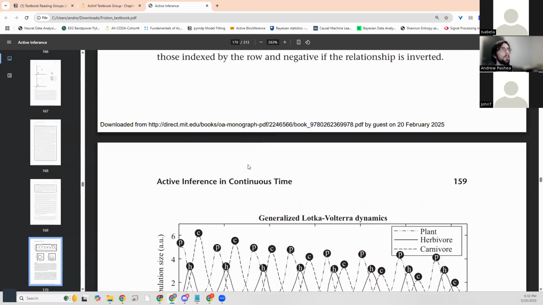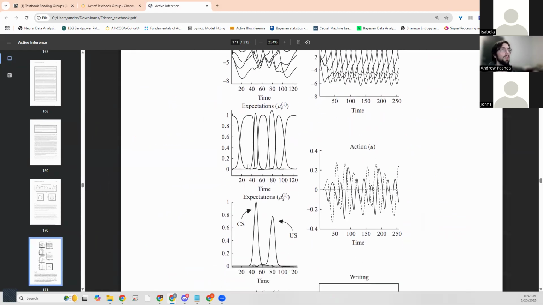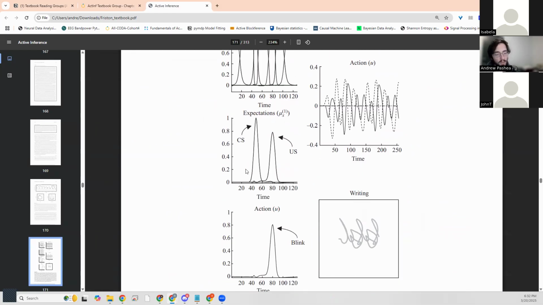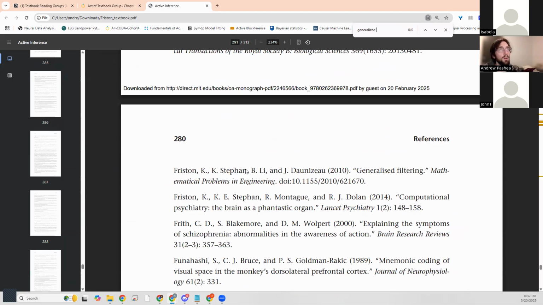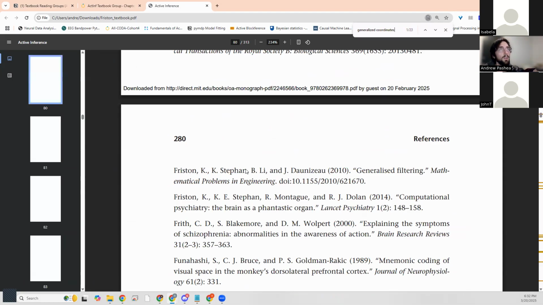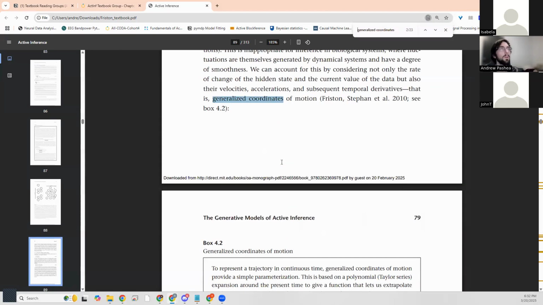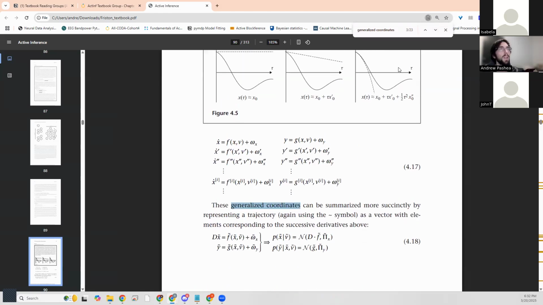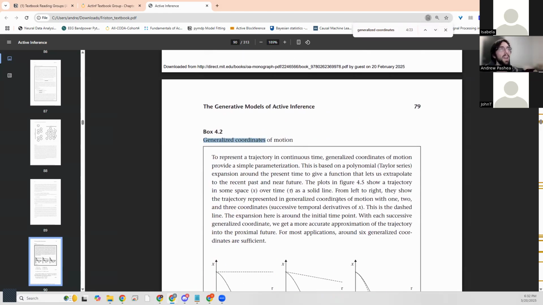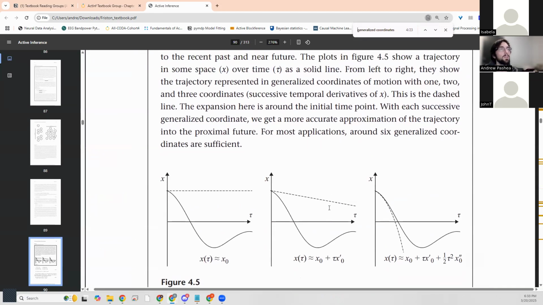No one's had any questions about it, so I haven't gone into it, but there are the generalized coordinates of motion. These are essentially the actual mathematical mechanics behind continuous state space models, right?